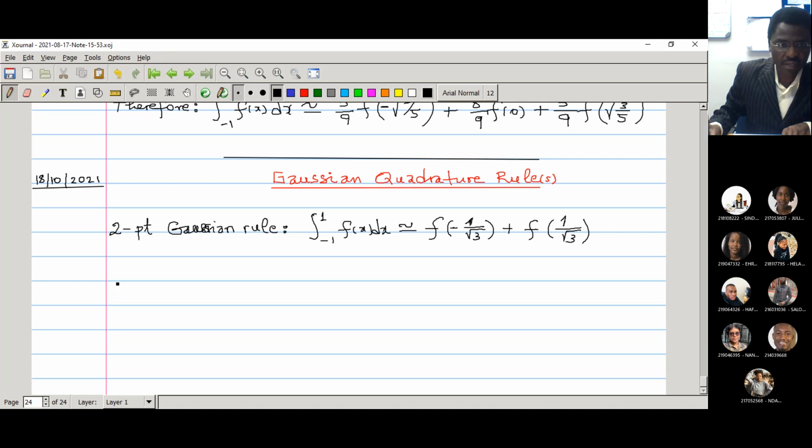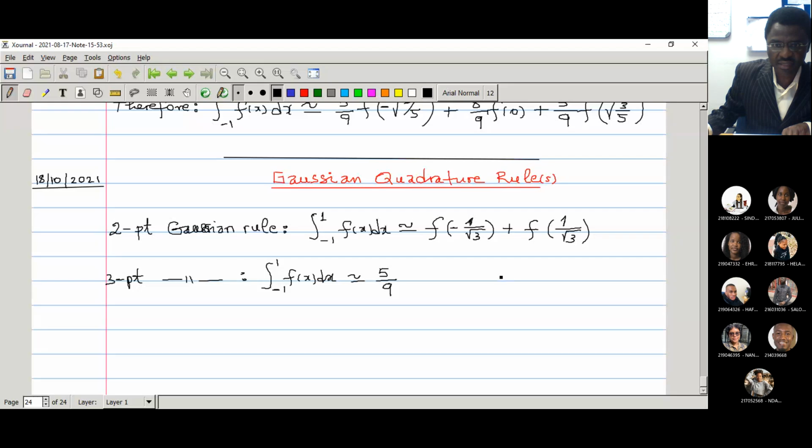And now the 3-point rule. The integral from negative 1 to 1 of f(x) dx is approximated. If you remember, you have 5/9, which is repeated twice. You have it here, and here you have 8/9, because you just add 3 to this one.